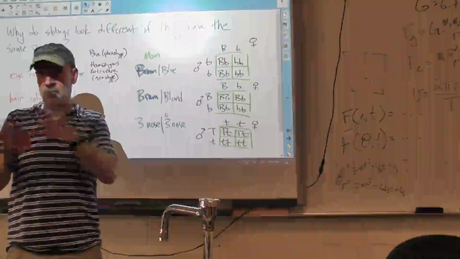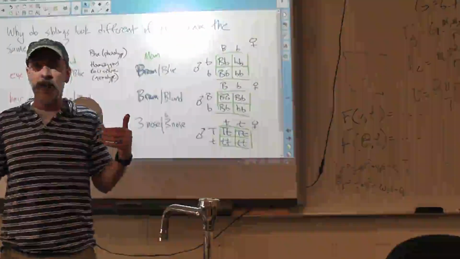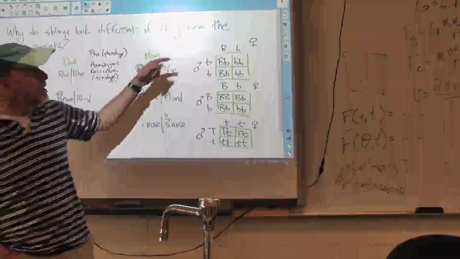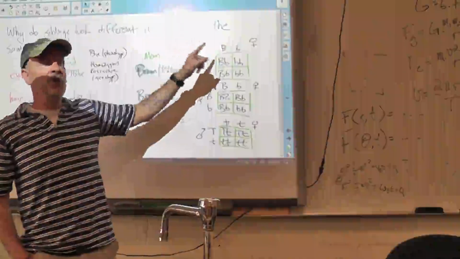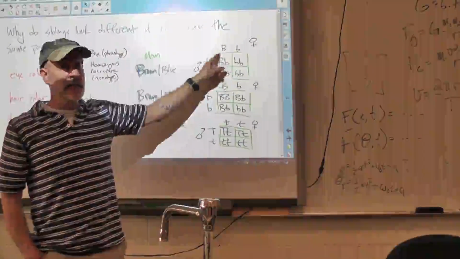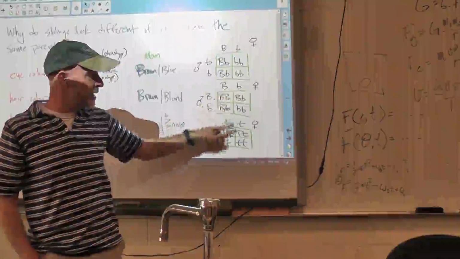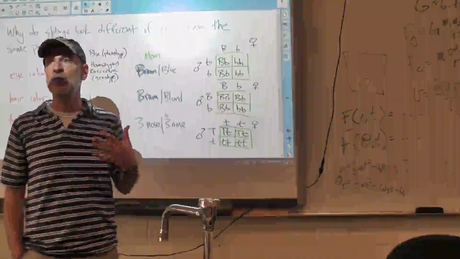So what we can look at here is we can see that since these genes are all splitting up during meiosis independently of each other, one of the things that's going to happen is that just because one particular offspring ends up with this combination doesn't mean that that offspring is also going to get this combination and this combination for the other two genes.